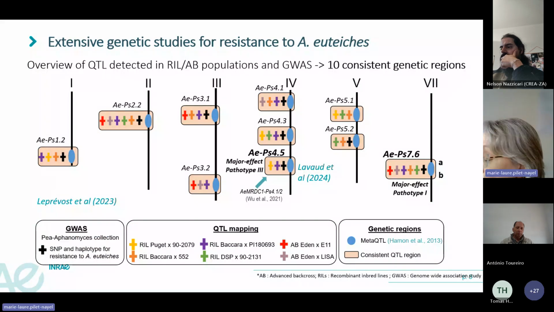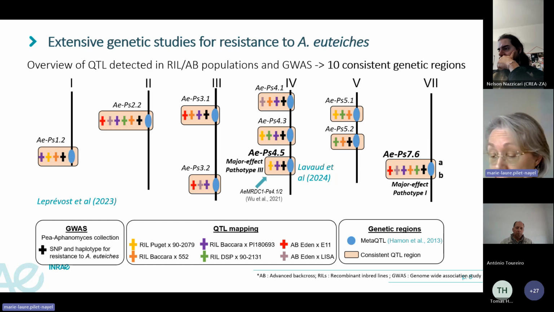From these sources of resistance, we conducted extensive genetic analysis of Aphanomyces resistance, and we recently published an overview of the diversity of QTL detected by integrating QTL mapping studies in the advanced backcross and recombinant inbred line populations and GWAS studies in the Pea Aphanomyces collection, using SNP genotyping data common between the different types of populations.